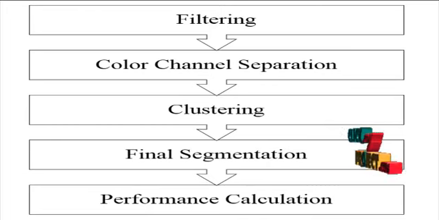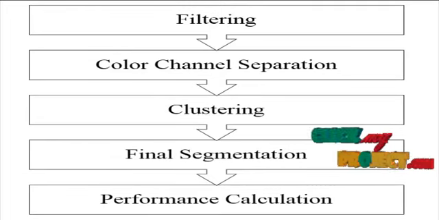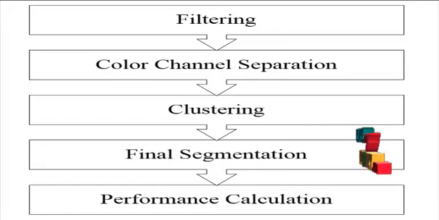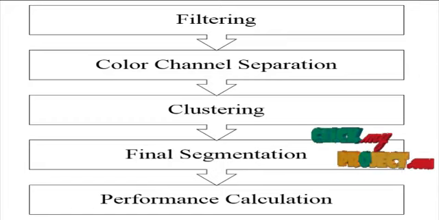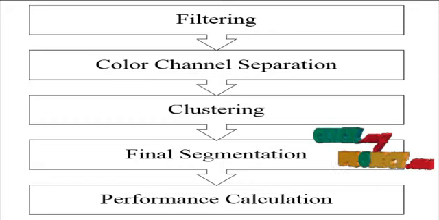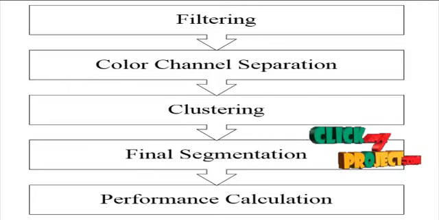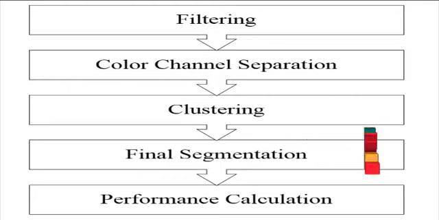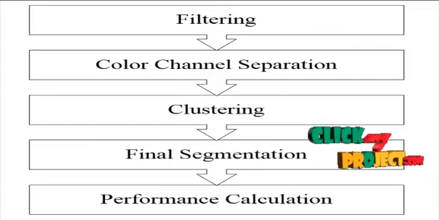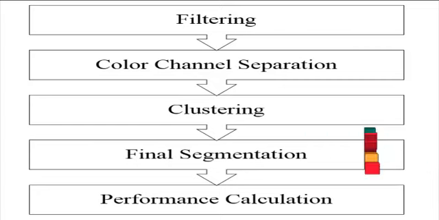Let us see the flow of the process. The input image is commonly taken. The color images were taken in this process. From the obtained color images, filtering operations were employed. In the basic filtering operations, the resizing operation is done to resize the images into a common size.